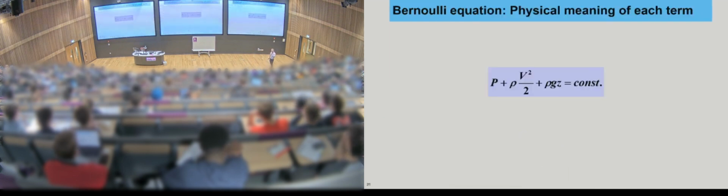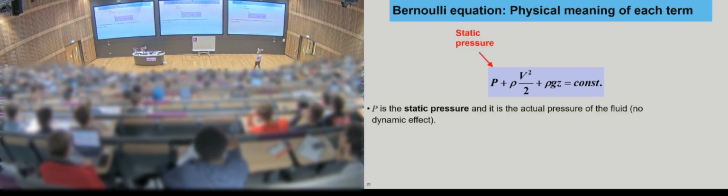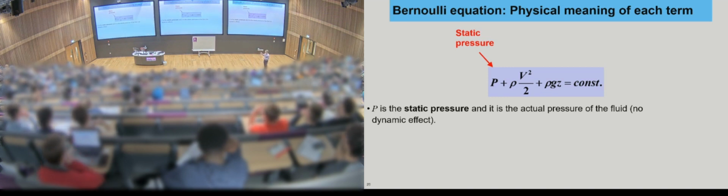So, what are the physical meanings of each of these terms? We've got these terms, but what do they actually mean? Now you can see this is the Bernoulli equation, but in a slightly different form. We've just multiplied everything by rho, because now we can ask, what is this first term, P?